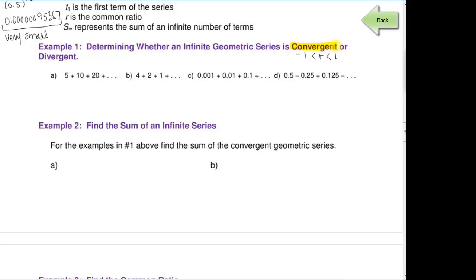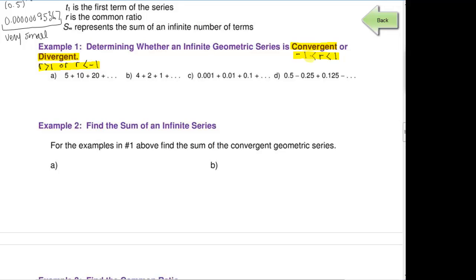So that's convergent, meaning you can find the sum. And divergent, meaning that there is no sum, and that means that r is greater than 1 or r is less than negative 1. You really should memorize those two pieces of information.